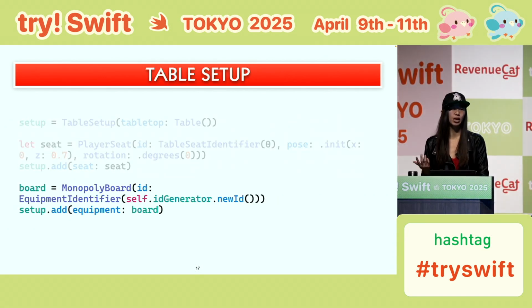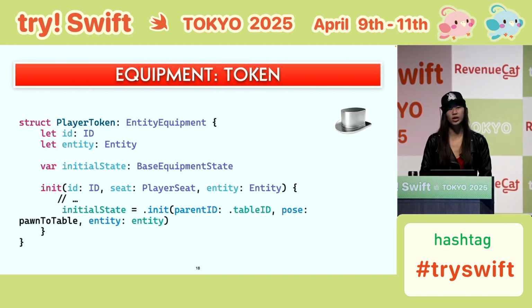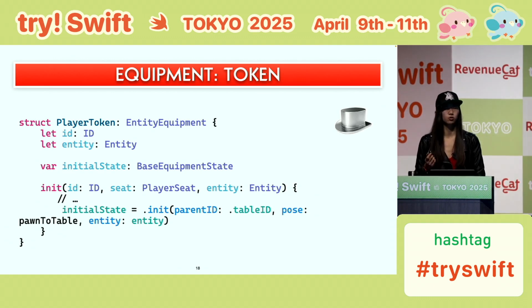We take our Monopoly board and add it to the table setup, like everything else we've done. We have equipment, like our token, so we define this with an entity equipment this time, rather than just equipment. Because of how we made this game, an entity equipment is something that we use to define an entity in RealityKit, which you can think of as just a box, some kind of model.